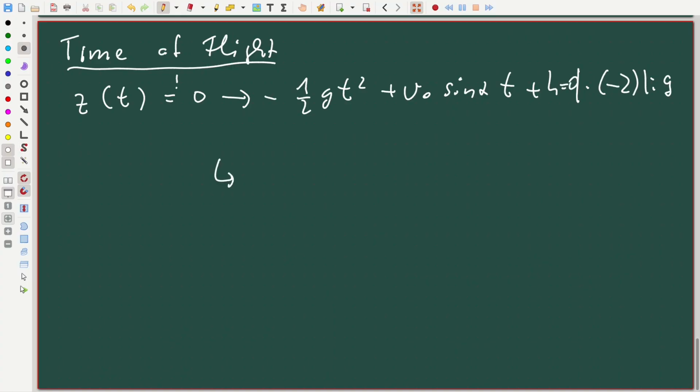So what comes out at the end is that we have here our t squared minus 2 times v0 divided by g sine alpha times t minus 2h divided by g, and this also has to be equal to 0.